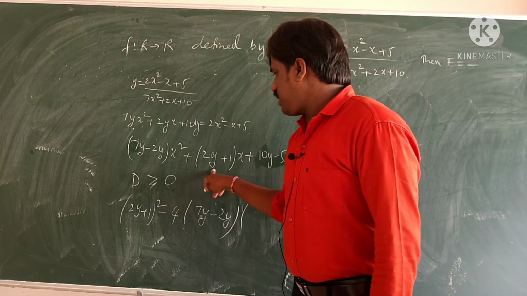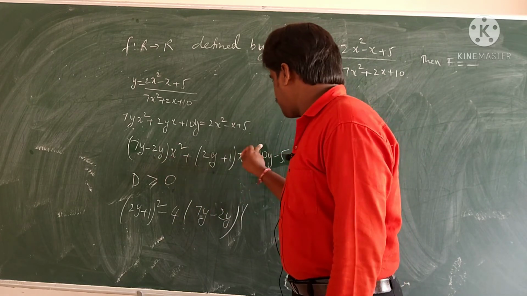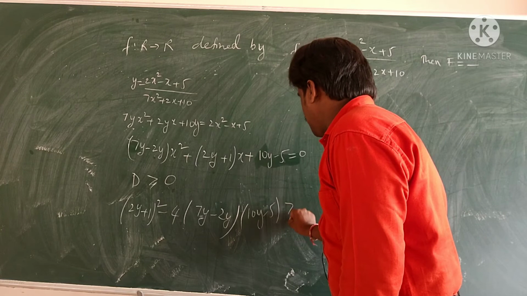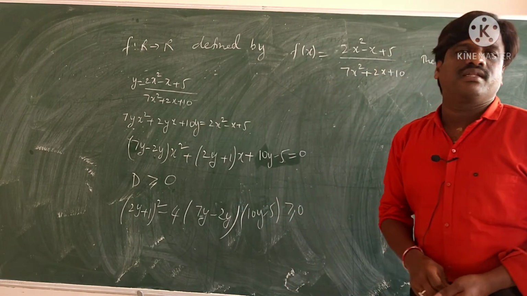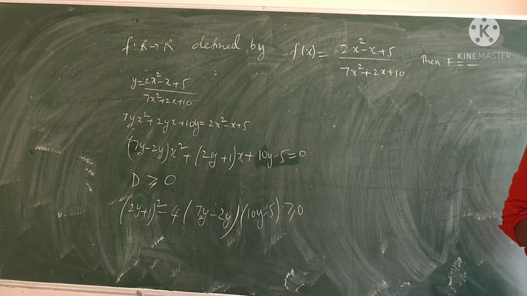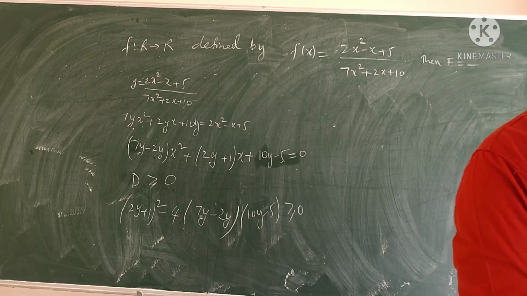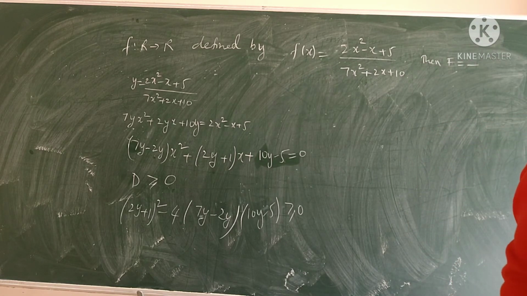B square minus 4ac, that is (2y plus 1) whole square minus 4 into (7y minus 2) into (10y minus 5), is greater than or equal to 0. Apply, you get the y value. Come on, solve it. You will get the range and check the domain. If the domain and range are the same, then it is an onto function. If not, then it is an into function. Come on, do it.